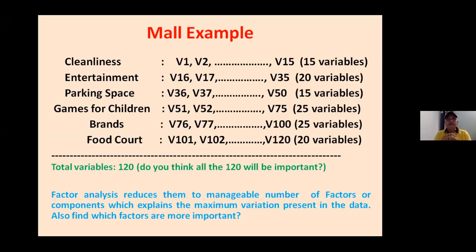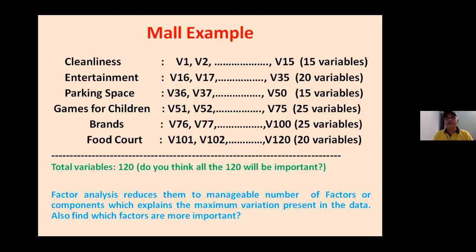The second factor is derived in such a way that it is uncorrelated with the first one, and the third in such a way that it is uncorrelated with the first as well as the second. And how are these factors coming? They are coming out of a matrix, and the matrix calculates eigenvalues, and only those factors are important whose eigenvalue is more than 1. Please remember this.